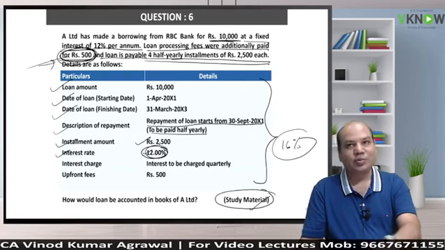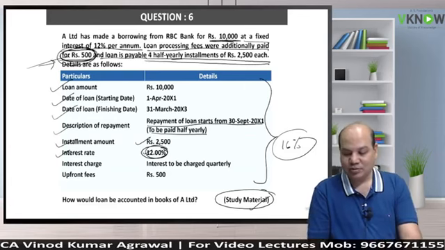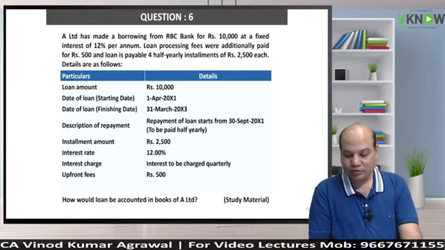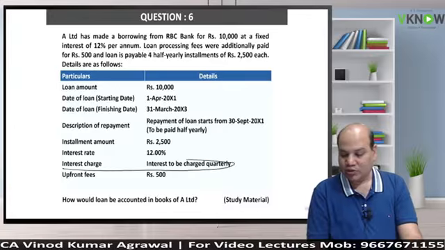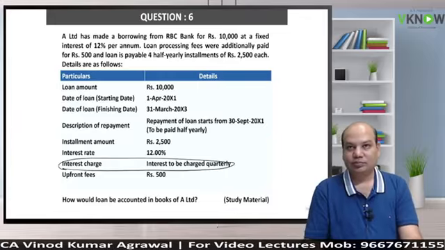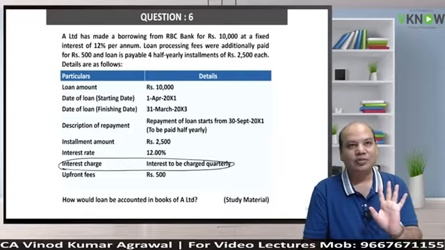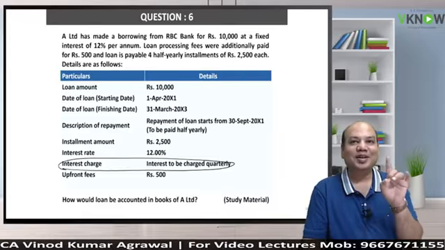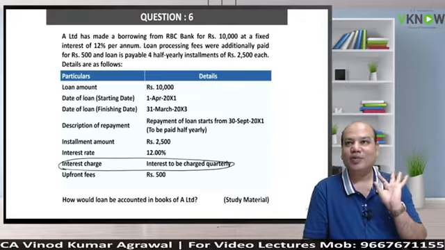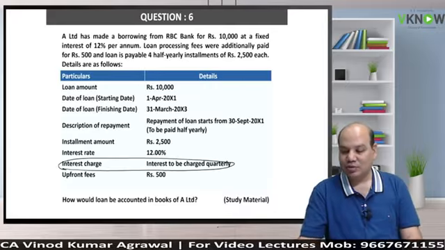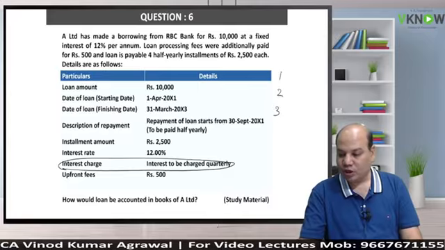And then to make your life more miserable, what they have done: interest will be charged quarterly. Principal amount you will pay half-yearly, but interest you have to pay quarterly. Have you understood? So what is the number of years in this question? 2. So actually there are 8 payments involved, not 4.